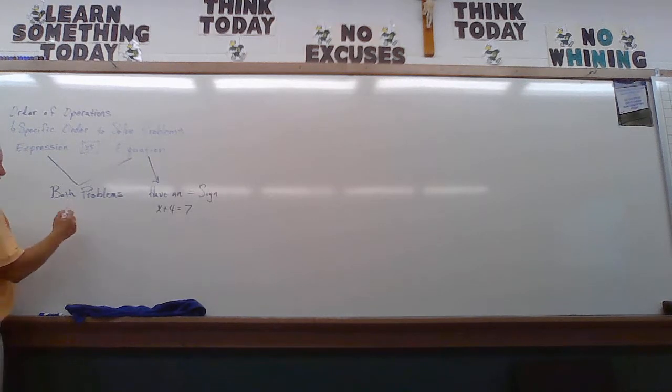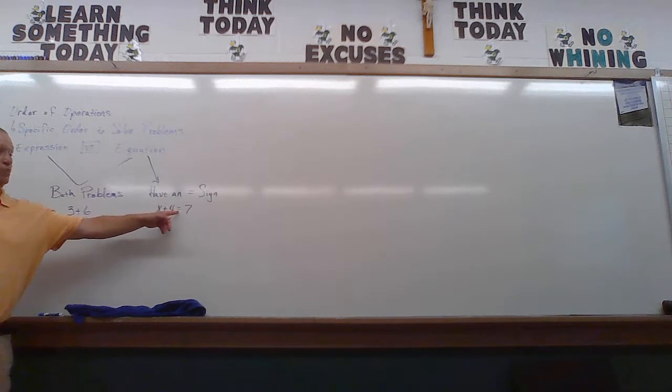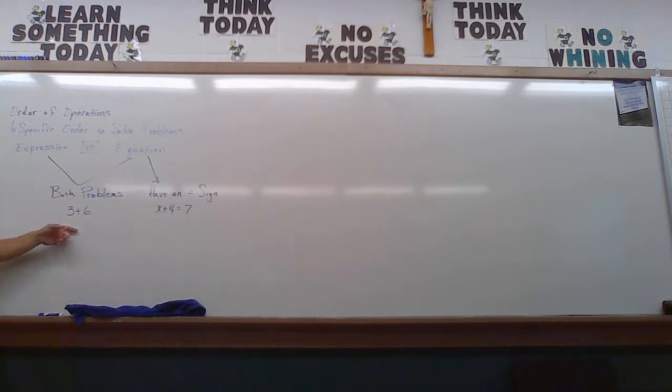This one right over here would simply be 3 plus 6. It's a problem that I can solve, it just doesn't say it equals it. That's the only difference between the two. So when we say we're going to solve an equation, we know that there's got to be an equal sign somewhere in the problem. If it says solve the expressions or simplify the expressions, I'm just solving them and finding an answer. That makes sense?